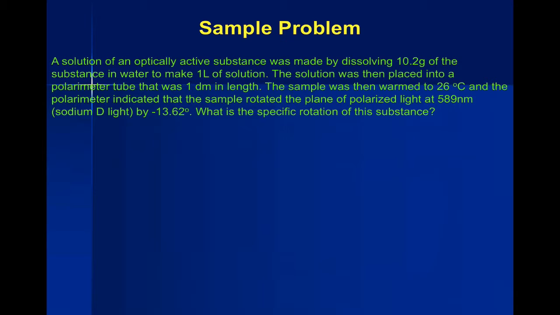This really likes to rotate plane polarized light. Most chiral molecules, the specific alpha will be like 10 degrees, 20 degrees, 50 degrees. But there are some molecules that will actually rotate the plane through 360 degrees many times to get through that sample tube. It had a lot of what we call optical rotatory power.